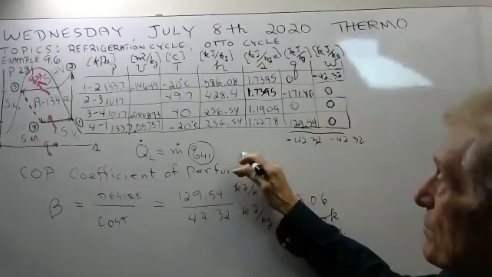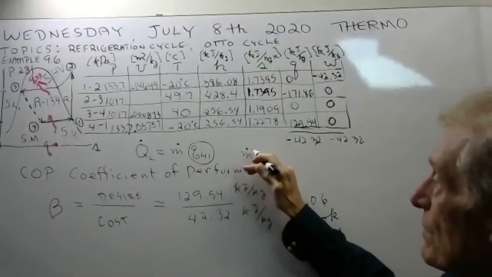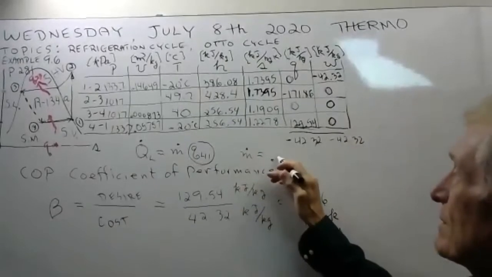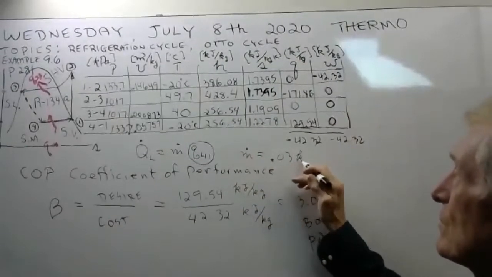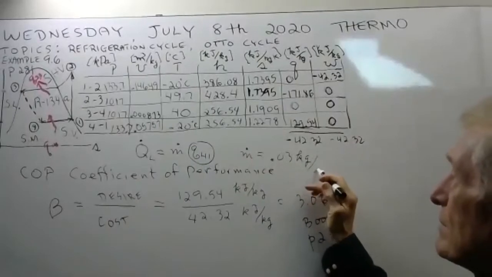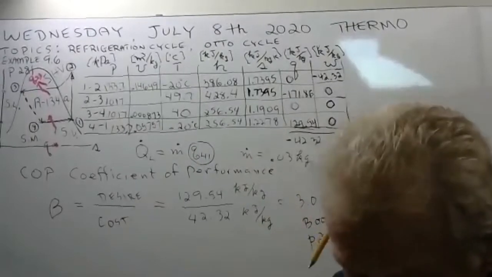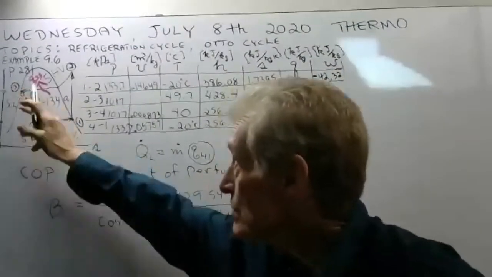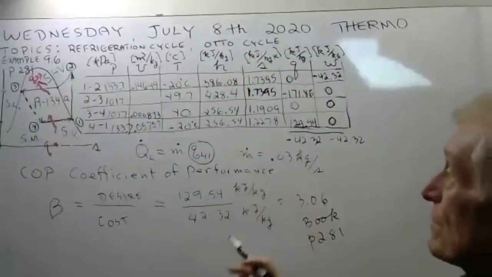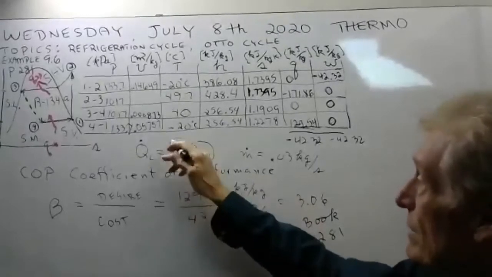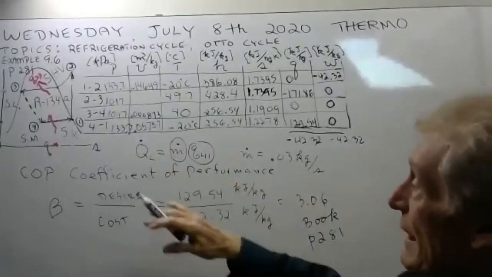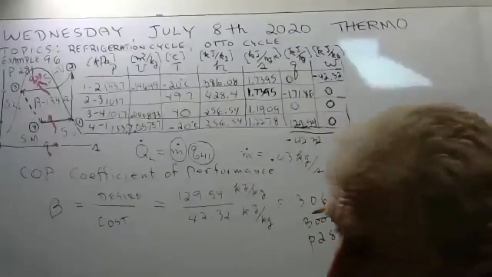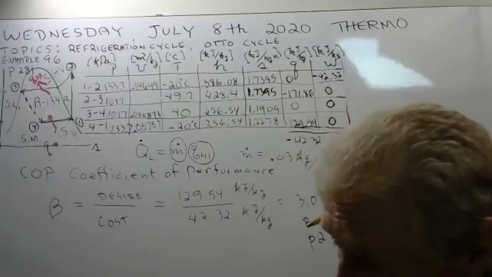They said in the problem that the mass flow rate is 0.03 kilograms per second. Read the problem. I'm on page 281, and that's the mass flow rate. Okay, well, if you know that, you multiply them. And they have a fancy name for this. It's called heat capacity.